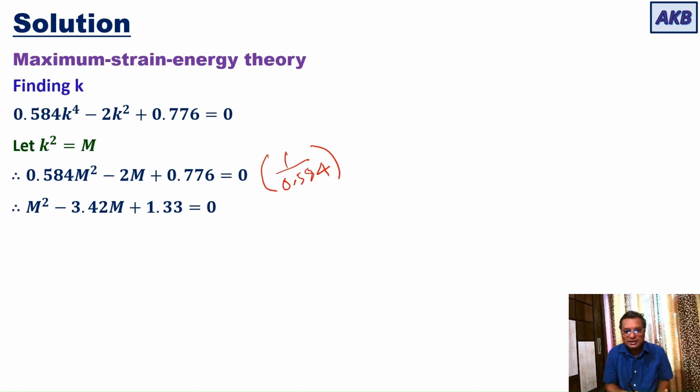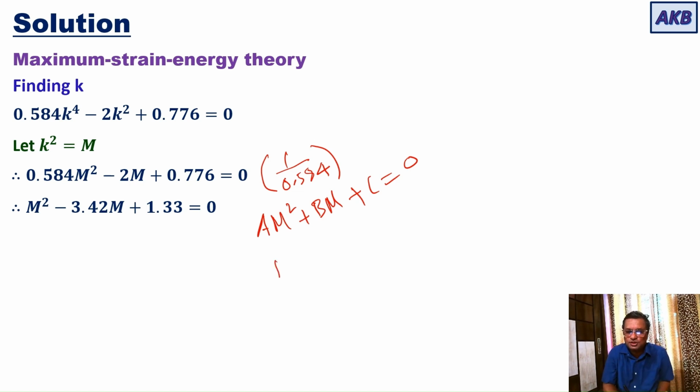So that now this equation is equivalent to the quadratic equation ax square plus bx plus c is equal to 0. In this case, a is 1, b is minus 3.42, and c is 1.33. Of course, here the quadratic equation is in terms of m, so it is a m square plus b m plus c is equal to 0.